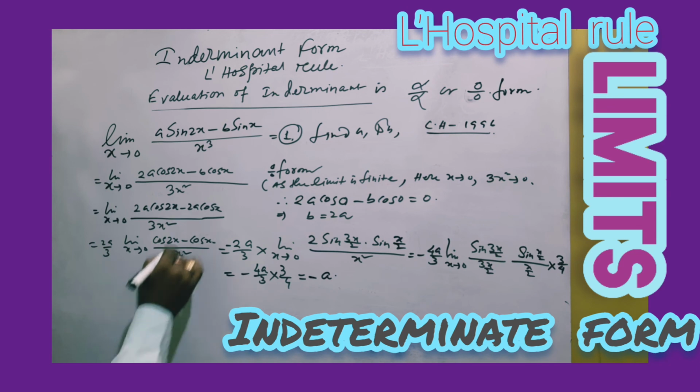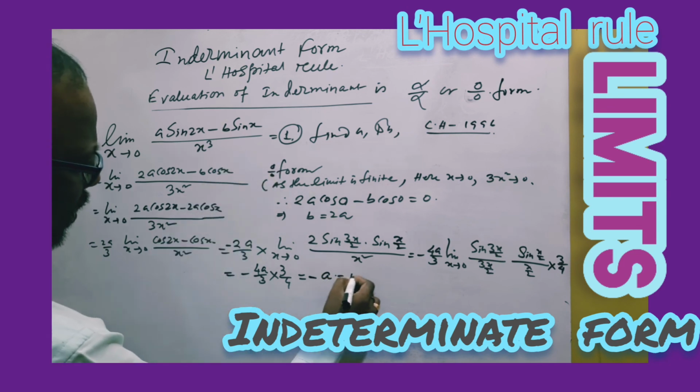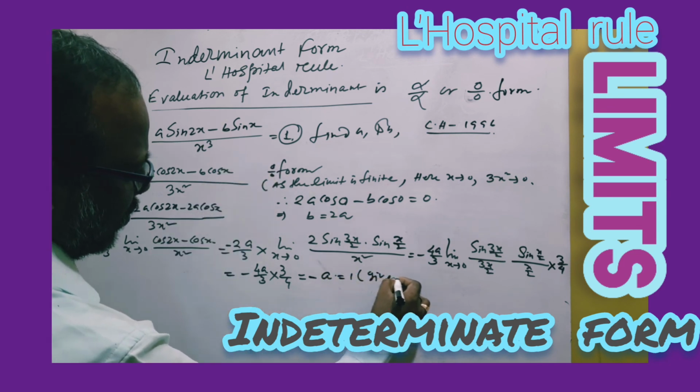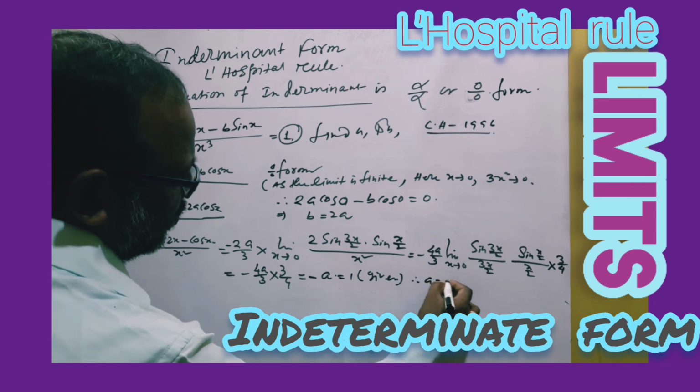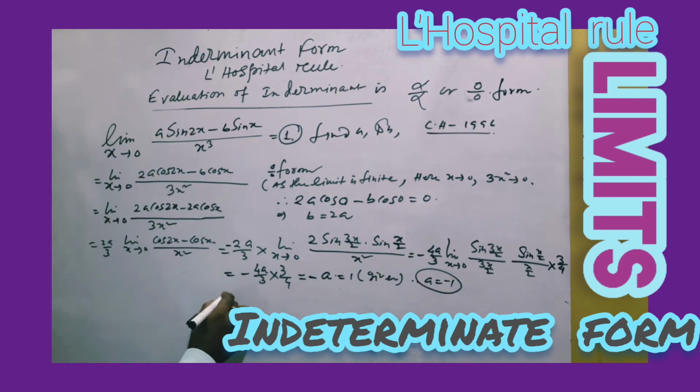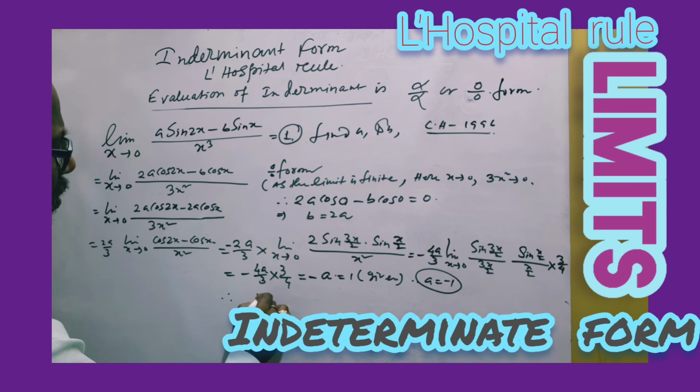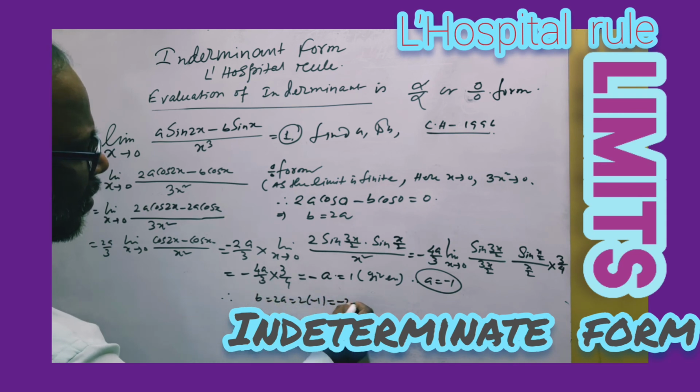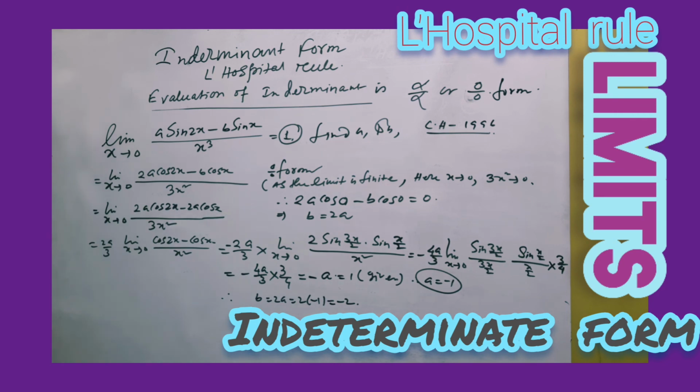So now this is equal to 1, this is given, so therefore a equal to minus 1. So therefore b is equal to twice a, and this is 2 into minus 1. Now check the answer. This is a and b.